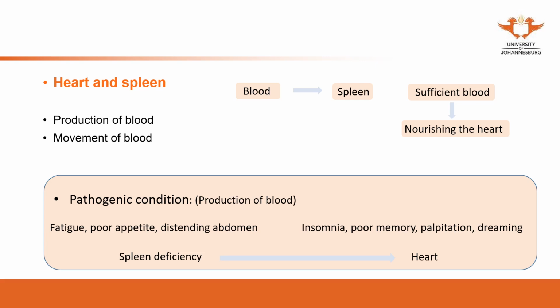That's why in the treatments, how are we going to treat the insomnia? We're going to nourish the heart yin, or we're going to nourish the heart blood. Then we can nourish the heart mind, and can treat the insomnia.